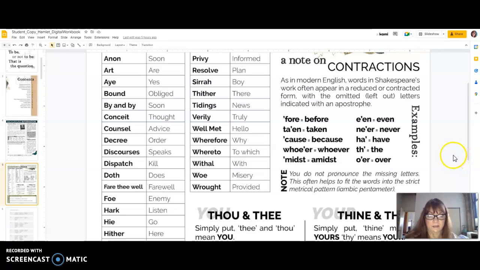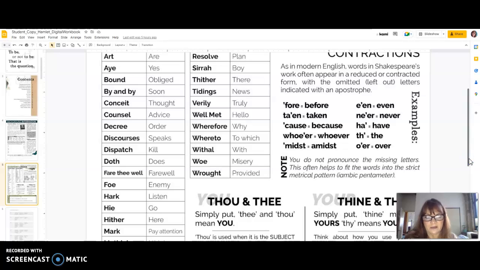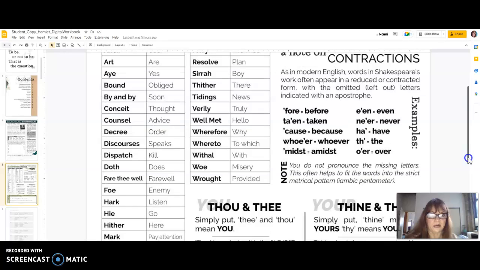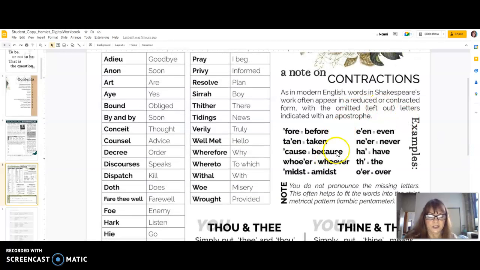You learned about iambic pentameter in our sonnets unit. 10 syllables to a line. Every other syllable is stressed, so 5 unstressed syllables, 5 stressed syllables, and we start with the second syllable being stressed. Shall I compare thee to a summer's day? And we aren't quite that obvious about it when we read it, but it does sound like that, and it's that heartbeat rhythm, right? So that's why these contractions are used.